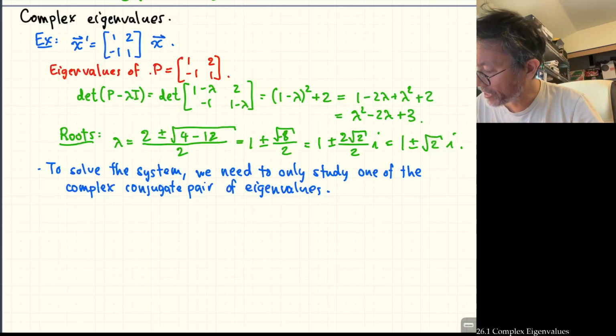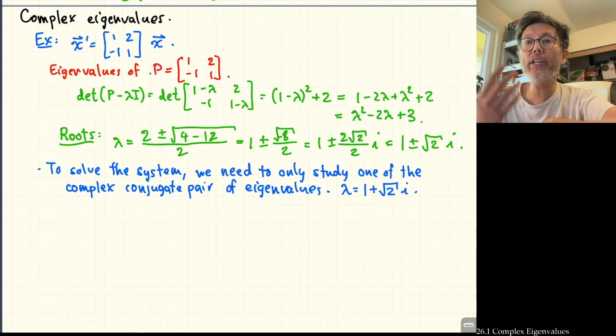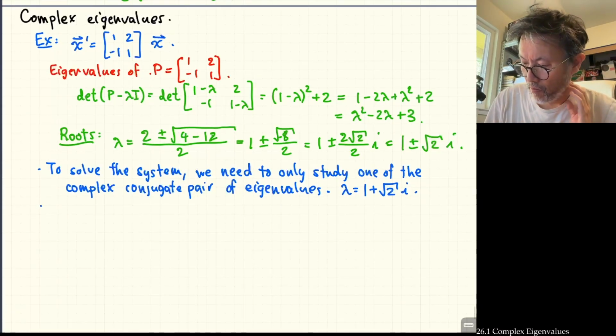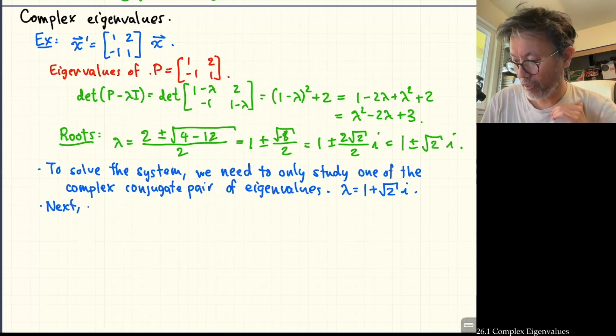Okay, so we're going to take lambda equal to 1 plus square root of 2 times i. Okay, you're allowed to do that. I'm ignoring the negative one. Then next, we are going to find an eigenvector.